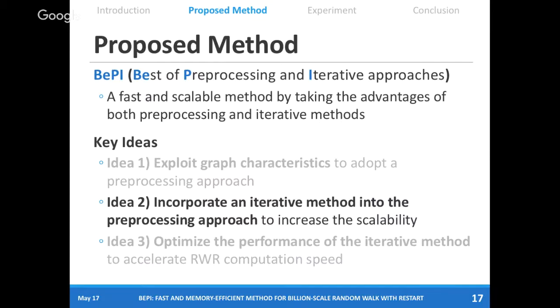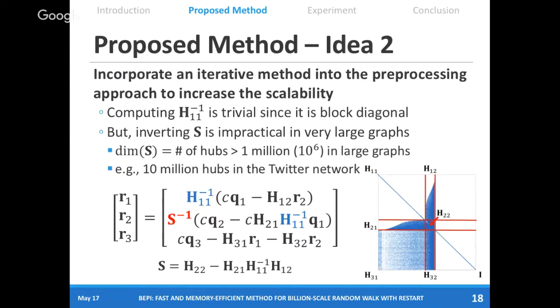Okay, let's check the second idea. The second idea is to incorporate an iterative method into the pre-processing approach to increase scalability. Note that in this equation, we need to compute the inverse of H11 and the inverse of the Schur complement S. Computing the inverse of H11 is trivial since it is a block diagonal matrix, as shown in this figure.